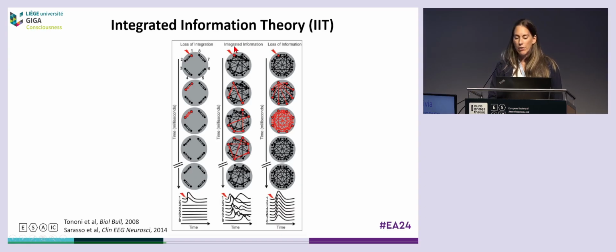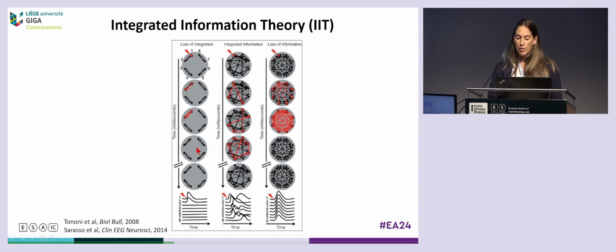As you can see here in the middle, if you stimulate a system, then you will have a reaction, and depending on where you look at the system, the response will be different. And that allows consciousness to appear. If you have a loss of integration on the left, you stimulate, it does activate, but it stays local.